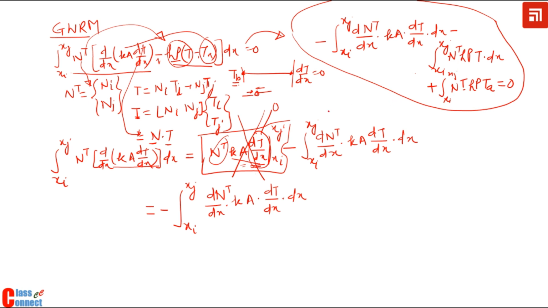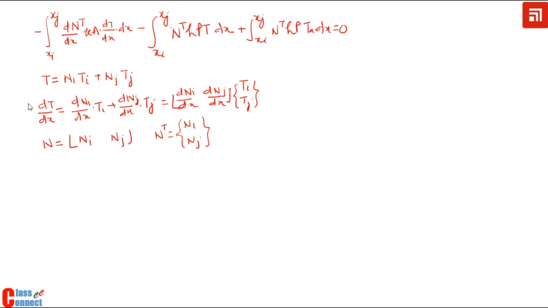That we will discuss in the next slide. So recalling these expressions, T is Ni Ti plus Nj Tj. If I differentiate this, I get this equation in matrix form. I can write it like this, where N is a row vector and N transpose is a column vector.